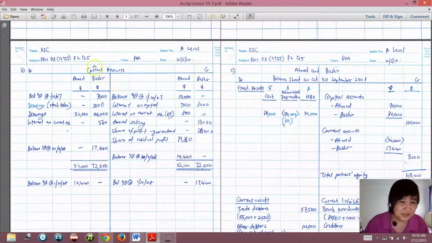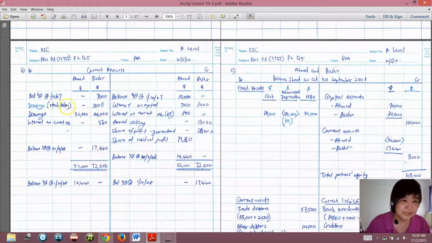So in the current account, this 3,000 is also drawings, because he didn't take out cash, but he took out stock. The company purchased the stock, and he took out the stock purchased by the company for his own use. So this 3,000 is Bashir taking out, so we must debit Bashir's current account, put it on the debit side.